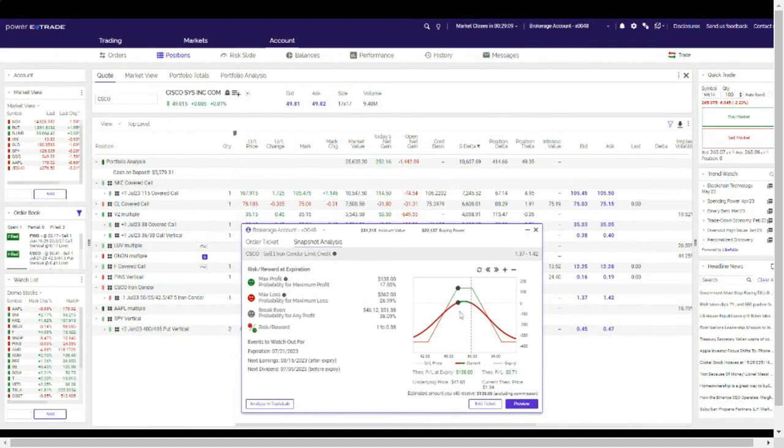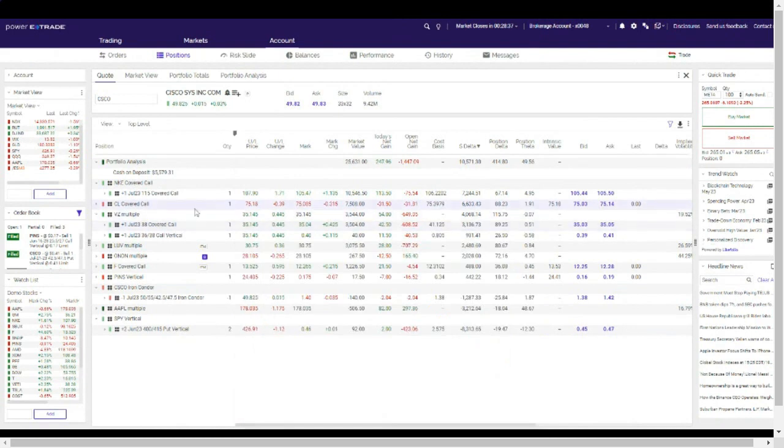The theoretical line is curved because there's time remaining to expiration, but at expiration, there's only parity that we're dealing with. So it gives you the shape of your profitability as well as your break-even points, 46.12 and 51.38, and the probability of profit based on the current implied volatility of the underlying stock at the current underlying stock price. So, this is an Iron Condor.